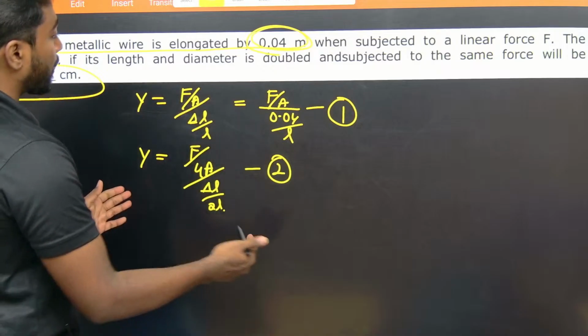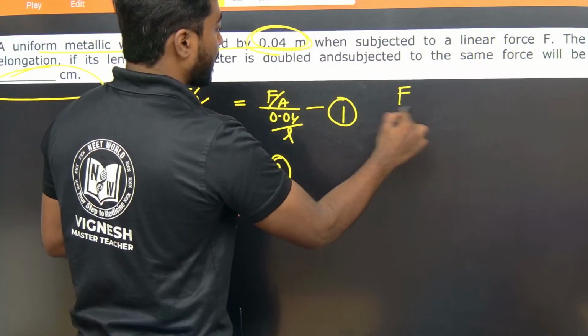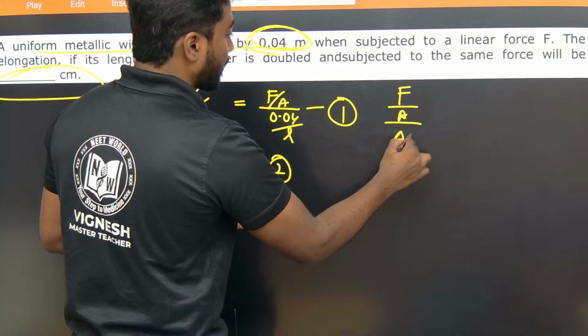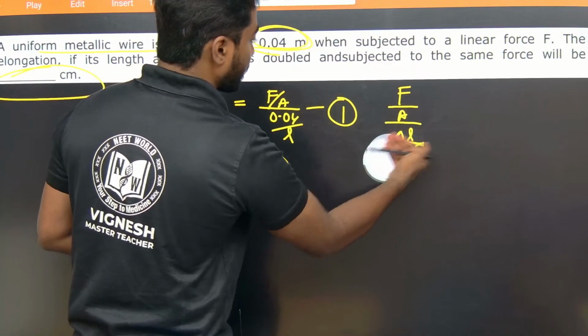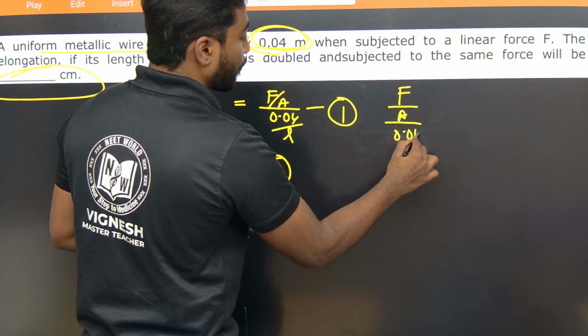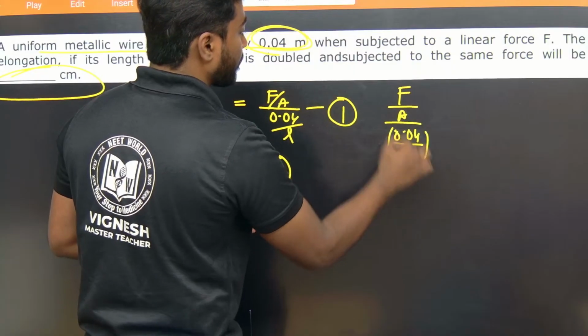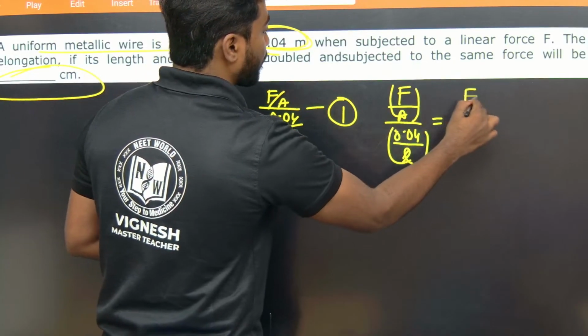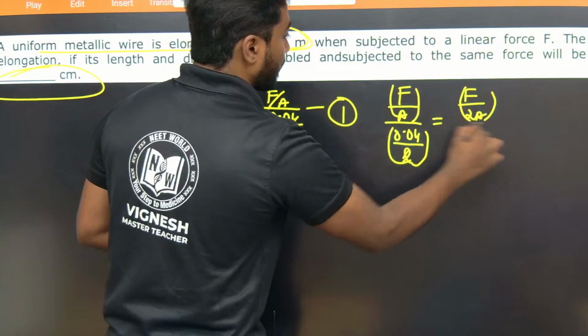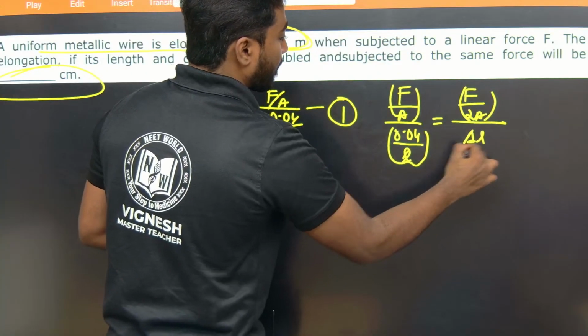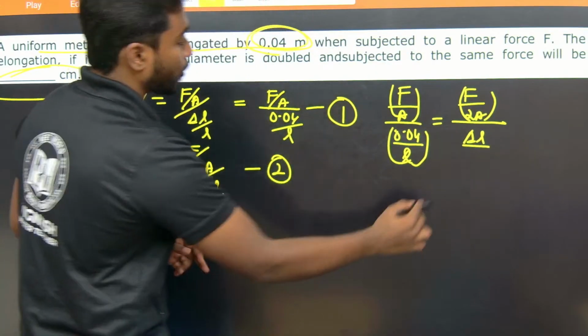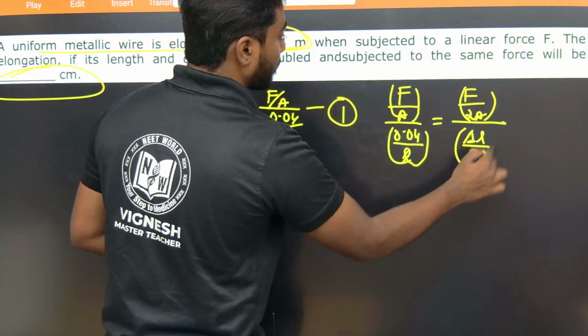So equate it, what will I get? F by A by delta L by, that is 0.04 divided by L, which is equal to F by 2A divided by delta L by how much? 2L.